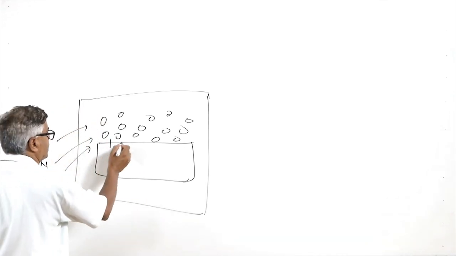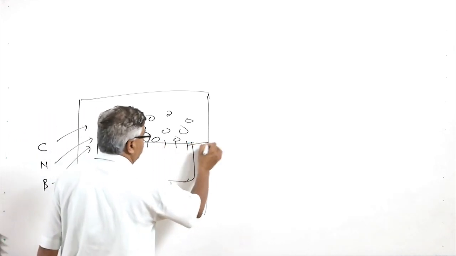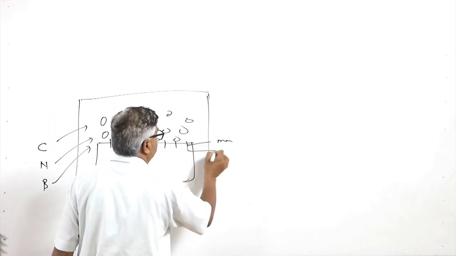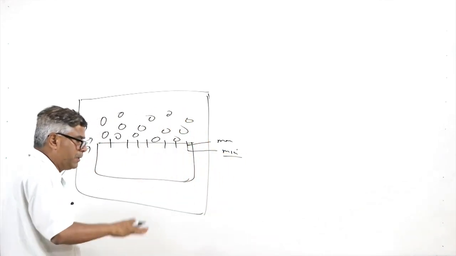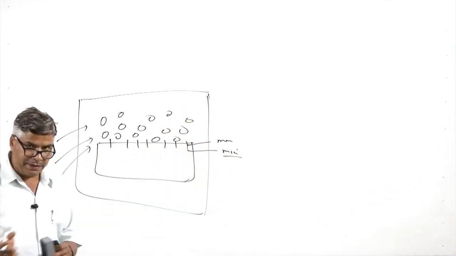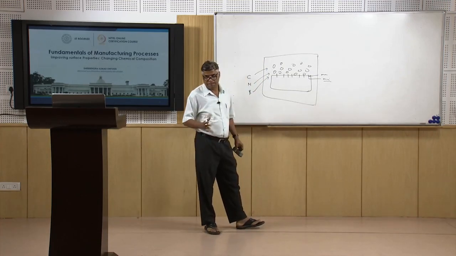There will always be a compositional gradient, maximum at the surface and decreasing as we go down below the surface. Accordingly, the depth of the hardness, meaning the extent of improvement in hardness, will change.